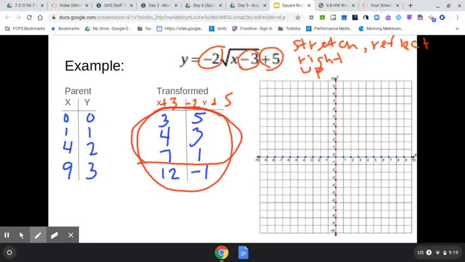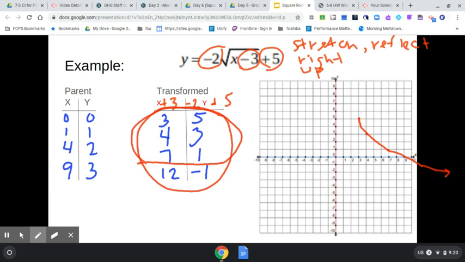Okay, so if I plot those, 3, 5, it's right there. 4, 3, 7, 1, and then we would also have 12, -1, but again, that's not fitting on my graph. It's somewhere here. All right, so if we connect these points, that is what my transformed square root function is going to look like.